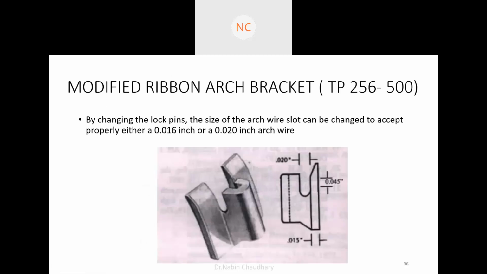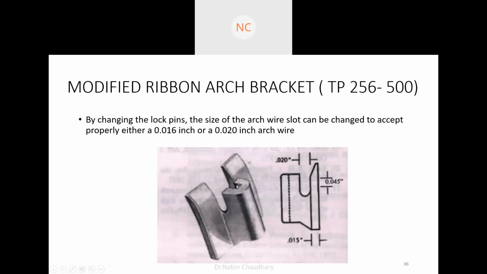Another component of the Begg's technique is the modified ribbon arch bracket, that is the Begg bracket. It has a slot of 0.020, and this is the slot of the Begg bracket, and it has the pinhole, and this is the pinhole.